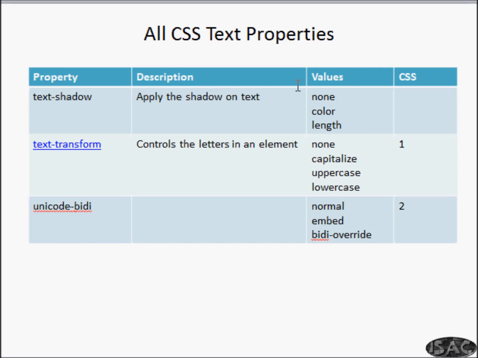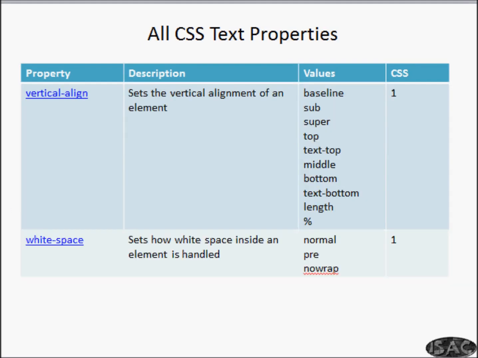Text-shadow is there, I'll discuss it later. You can give a shadow effect to text. It is a CSS3 feature. Text-transform, you can make capitalize, uppercase, lowercase, right? Okay. If there is some kind of bidirectional text, it is for that purpose. Vertical-align, you can use bottom, middle, top, which we have used too, right?